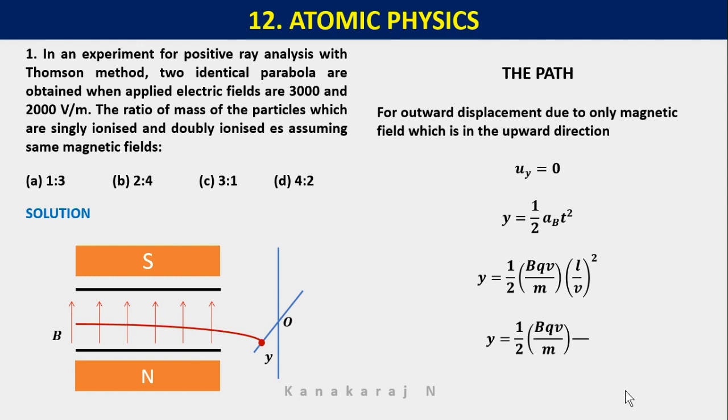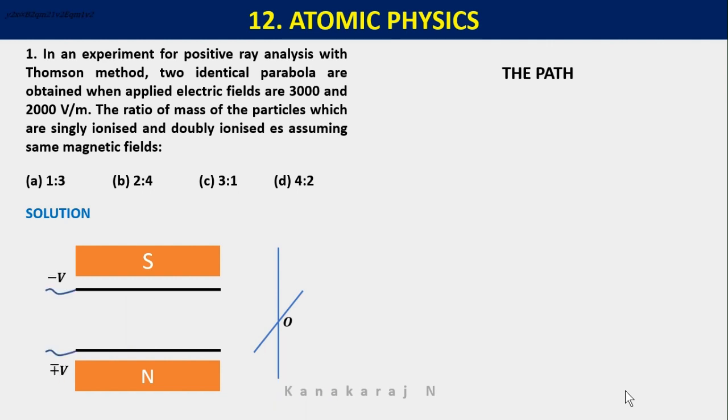So y equals 1 by 2 times BQV by m times L square divided by V square. So y is proportional to B times Q by M times 1 by V. Let us write this near the diagram: y proportional to B times Q by M times 1 by V.